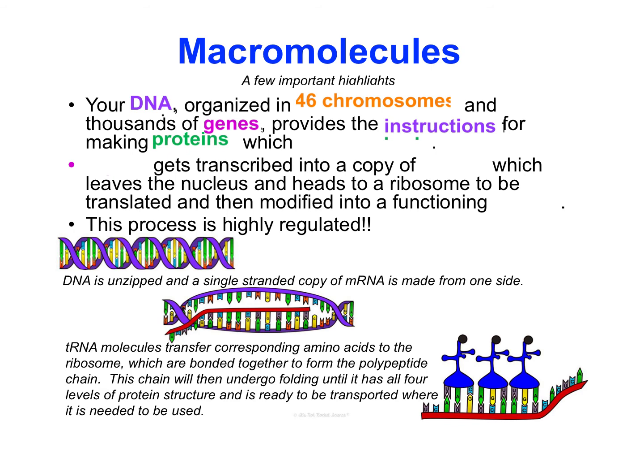These proteins are responsible for running your body. So as we move on, talking about our DNA and our genes, one single gene gets transcribed into a copy of your mRNA. This mRNA is going to leave the nucleus and head to a ribosome to be translated and then modified into a functioning protein.